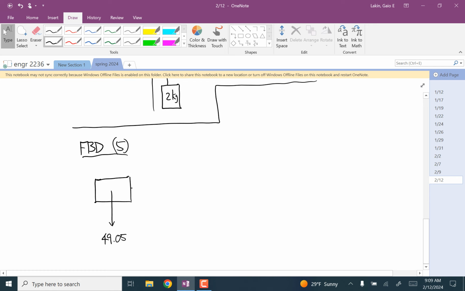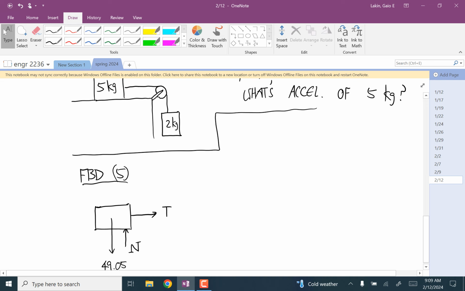There's a pulling force from the cable this way, away from the body. And now we have to deal with that friction contact. There's always a pushing contact from the surface and then a friction contact. So the pushing contact from the surface is this.